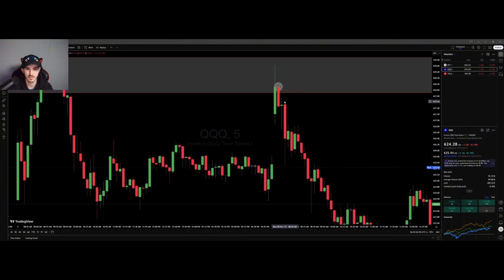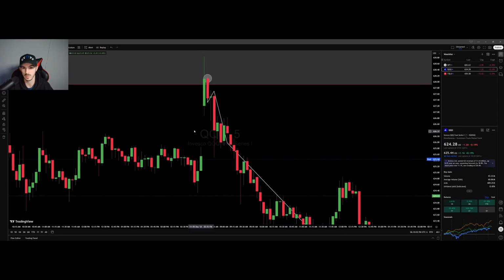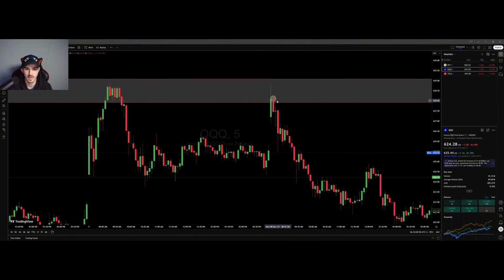And then you could look for downside from there. As you can see, as we rejected here, we closed that bearish hammer on the 5 minute, and we ended up going down quite a bit, right? Look at how far this thing went down.